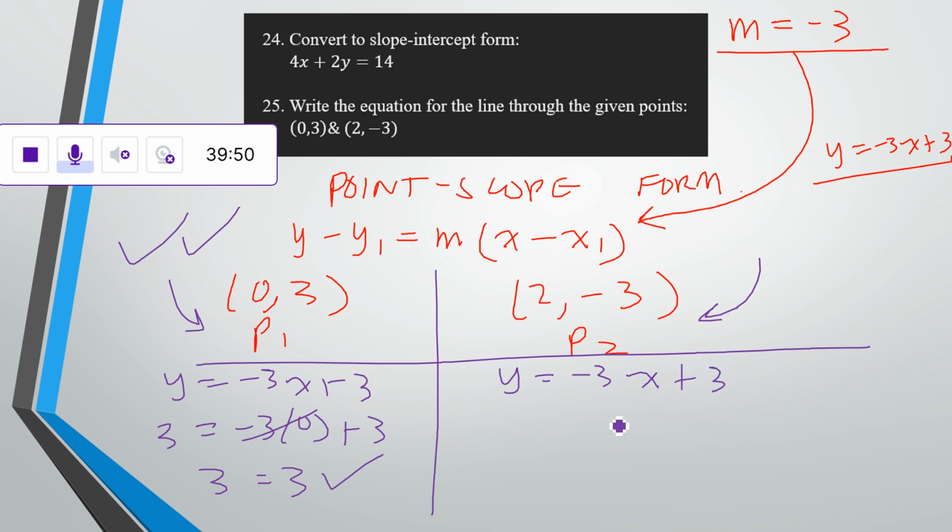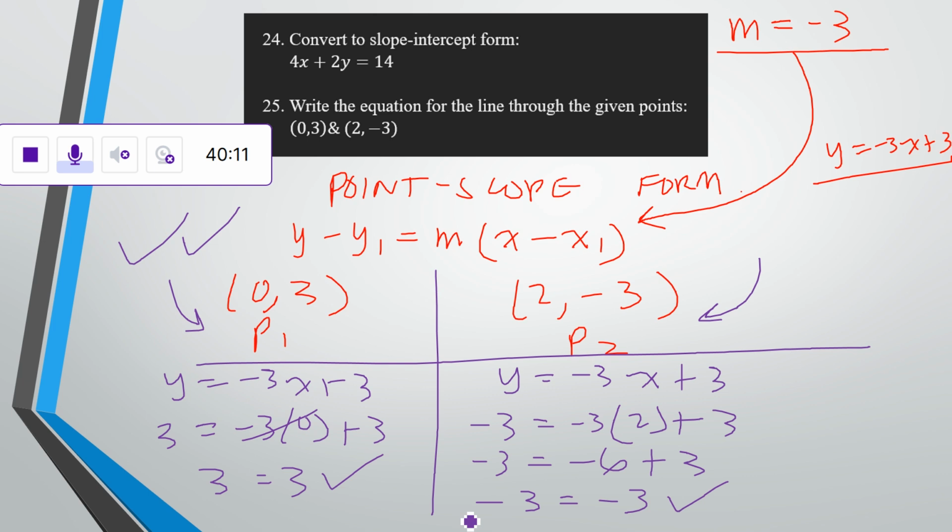Our y value is negative 3, and our x value is positive 2. Negative 3 times 2 gives us negative 6, and negative 6 plus 3 gives us negative 3 on both sides of the equal sign.